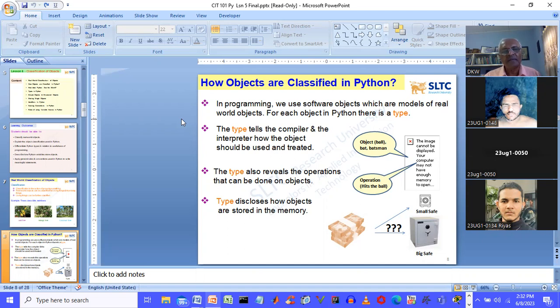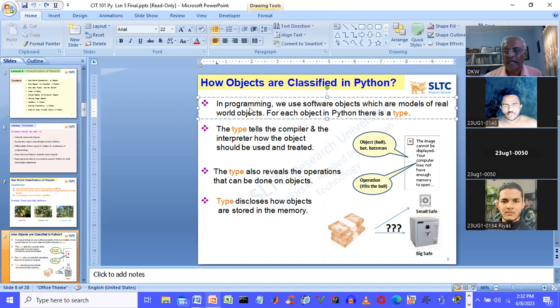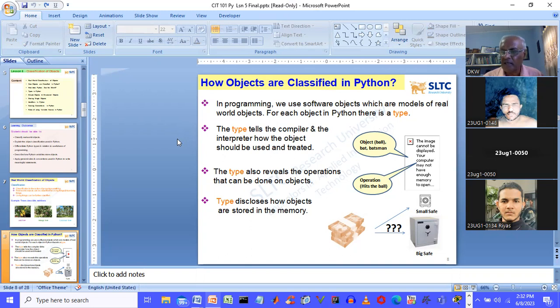So in programming, as I told you, the computer has touchable or tangible objects we call hardware. In addition to that, we also have untouchable or intangible things.